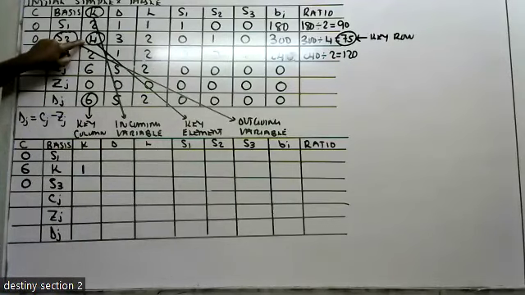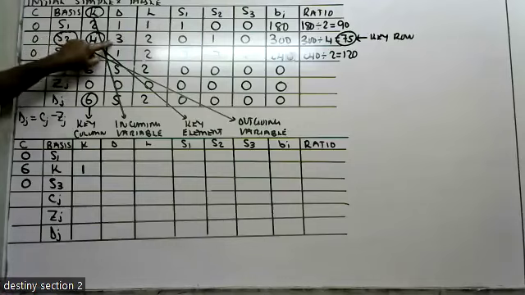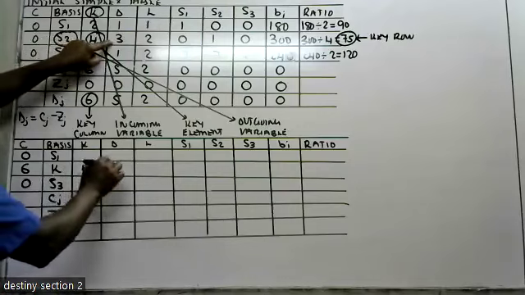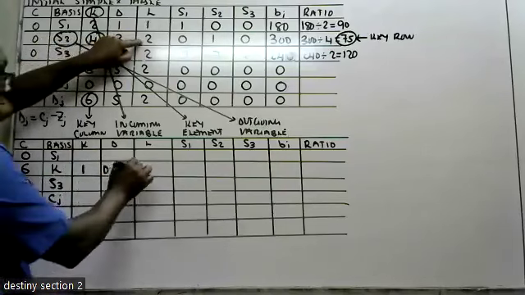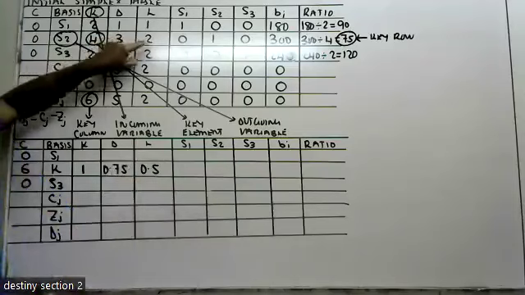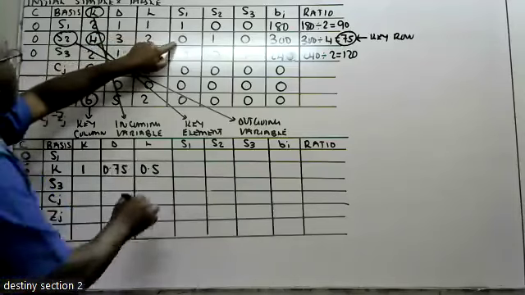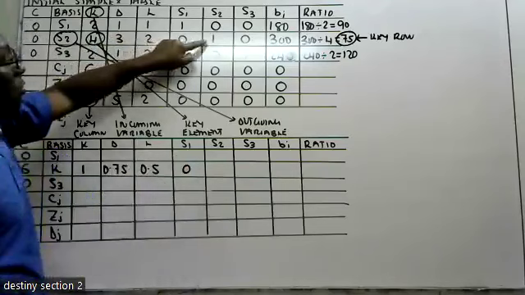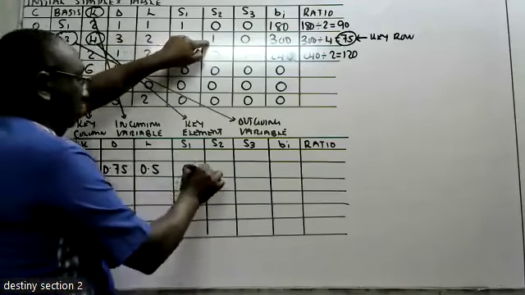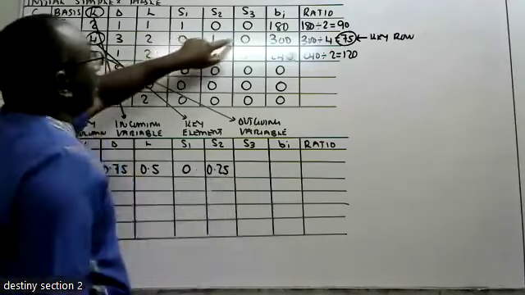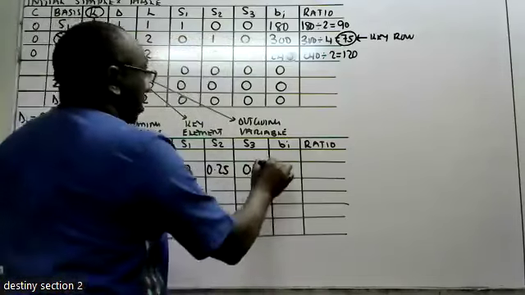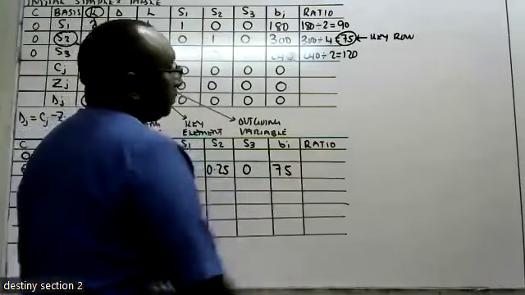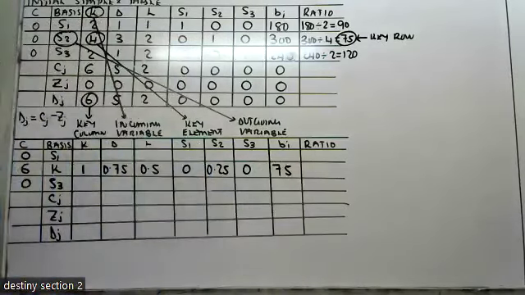It's 1. 3 divided by 4 is 0.75. 2 divided by 4 is 0.5. 0 divided by 4 is 0. 1 divided by 4 is 0.25. 0 divided by 4 is 0. 300 divided by 4 is 75.